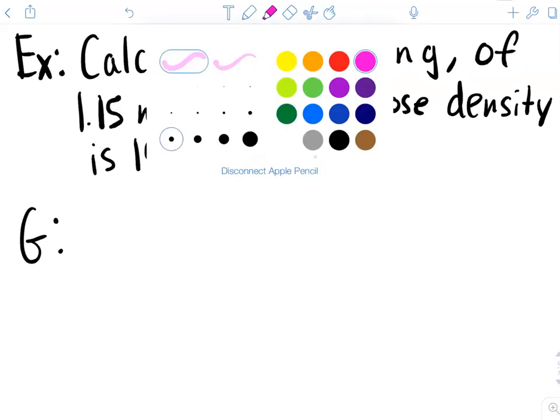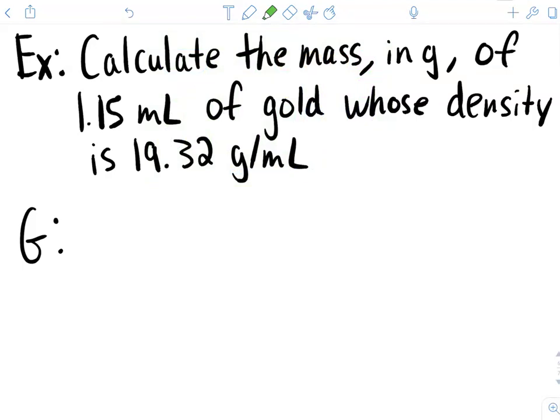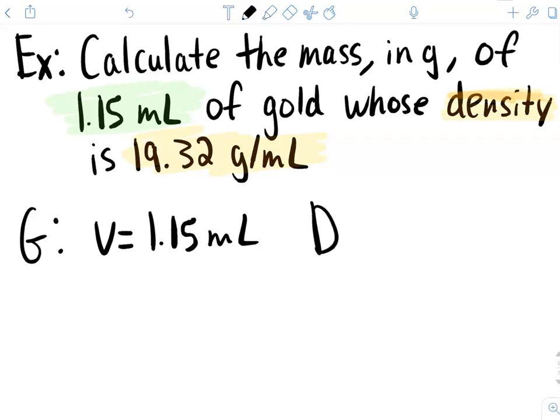Again, our first thing is to figure out what are we given, or what have we been told? Well, we're told that we have 1.15 milliliters, and this is where units are really important, because if I see milliliters, I need to know that milliliters is associated with the volume. And then I'm also told that we have a density of 19.32 grams per milliliter. So D equals 19.32 grams per milliliter.